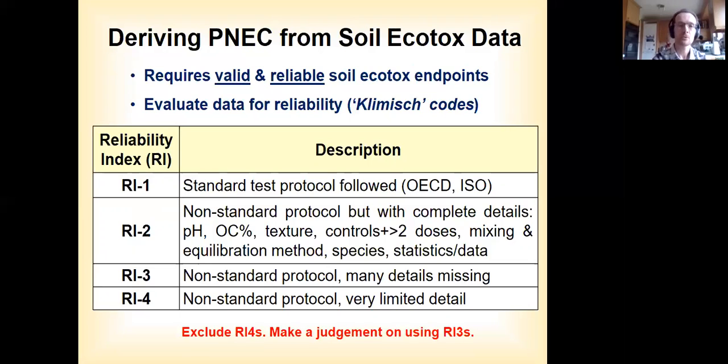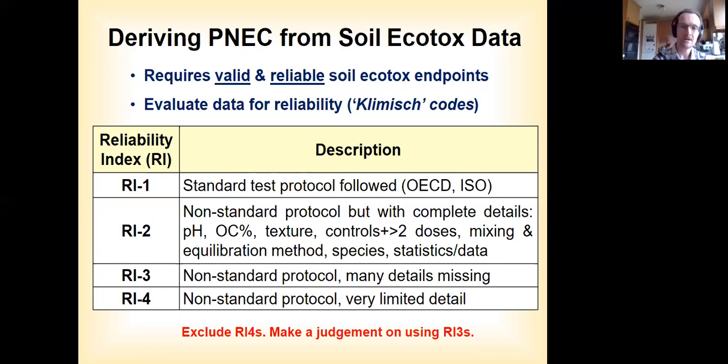So we can go through, look at all of the endpoints that we have found and identify them as being very reliable or not reliable. And we apply this index RI 1 to 4, with RI 1 being completely valuable and useful results, and RI 4 being not very useful at all. In order to rank as reliability index number 1, you would look to see behind the data, how was it derived?